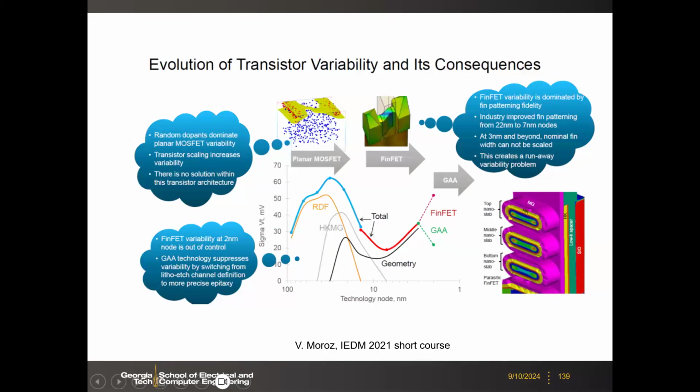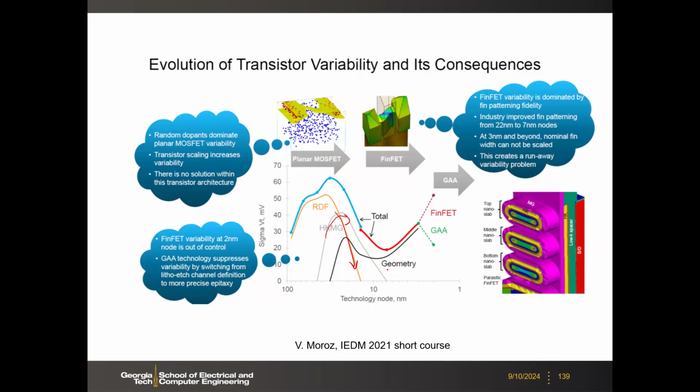Okay, so let's revisit the variability again. Here, as we shrink the technology node, the different sources of variation will change. For example, we talked about RDF, which used to dominate the process variation in bulk planar MOSFETs. Then this impact decreases. But then the high-k metal gate introduces the work function variation.